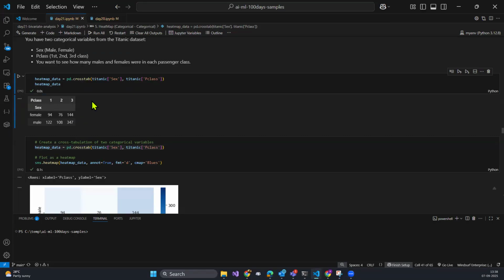This is 1, 2, 3, our passenger class, and in each passenger class we have male and female. So here we are able to see how many males and females we have.